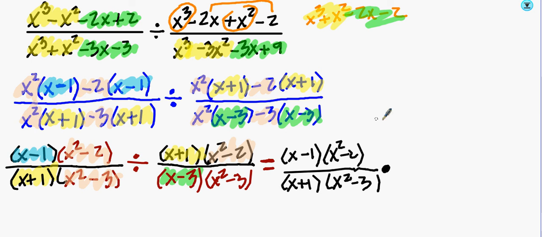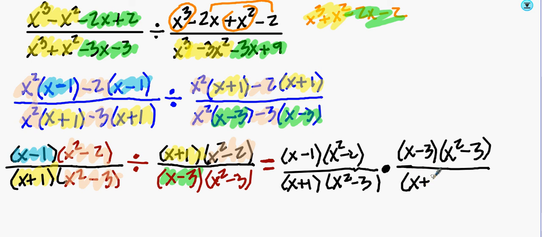So we flip the second fraction upside down. So we got x minus 3 on the top times x squared minus 3, and we have x plus 1 times x squared minus 2 on the bottom.